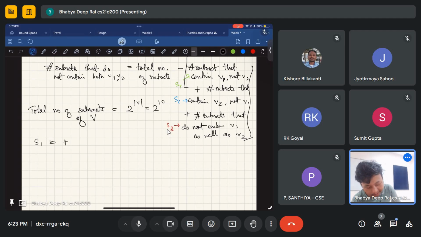That is equivalent to the total number of subsets where we fix v1, since it should definitely be chosen, and the remaining places are v3, v4, and so on till v10.